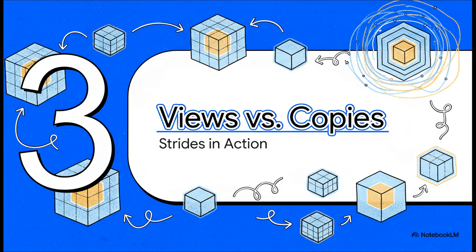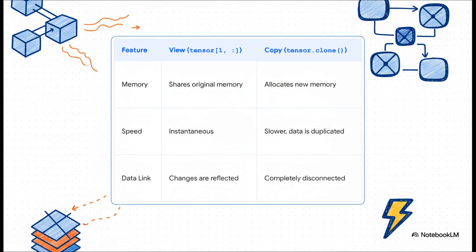Okay, that's a neat trick, but why does it matter so much? What's the big payoff? Well, this whole clever system of strides is what unlocks one of PyTorch's most powerful and efficient features, memory views. Let's see it in action. This is so important. Let's compare taking a view of a tensor versus making a copy.